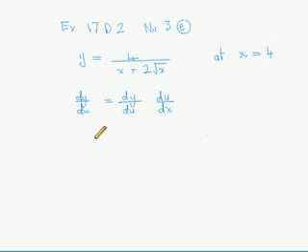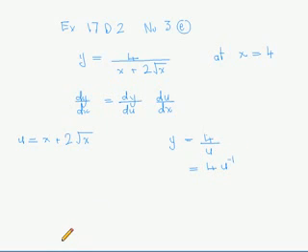So just for clarity, if we decide that u is going to equal x plus 2 root x, that would make y now equal to 4 on u, which is equal to 4u to the power of minus 1.